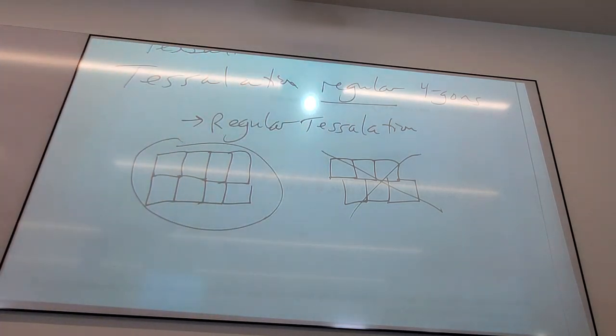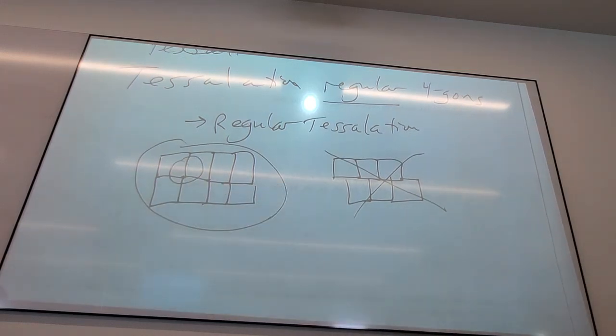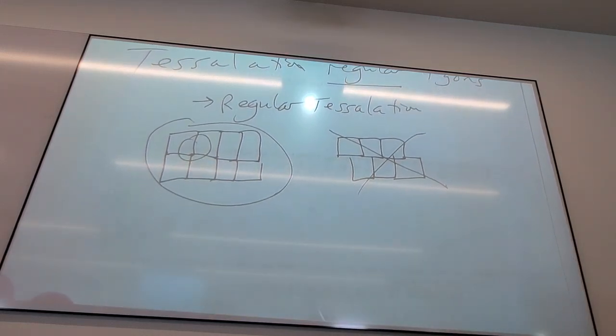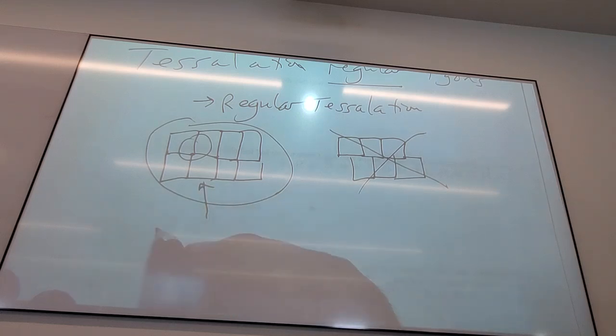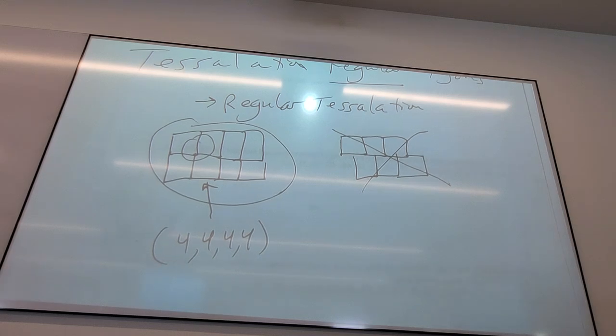Do you see where all four squares come together at a central place? The official name of this tessellation is the 4-4-4-4 tessellation, because four-sided figures come together at that one point.